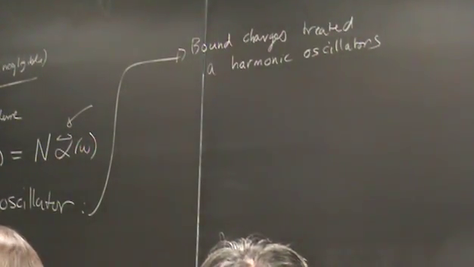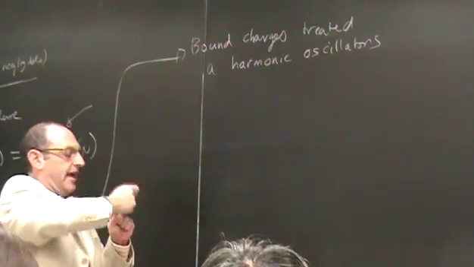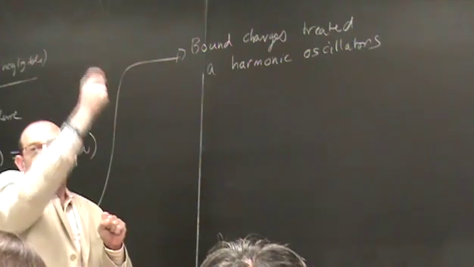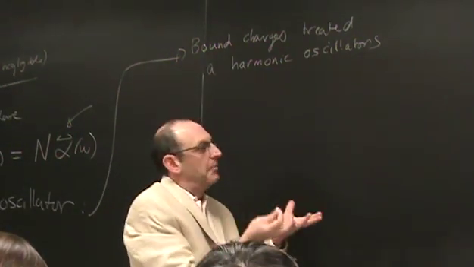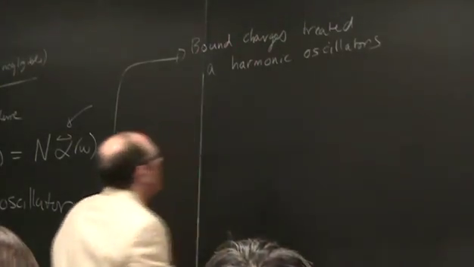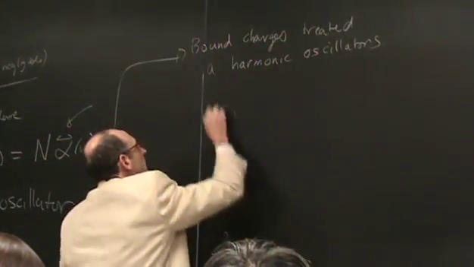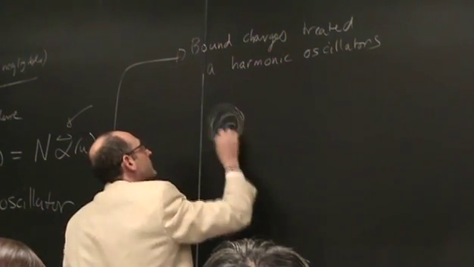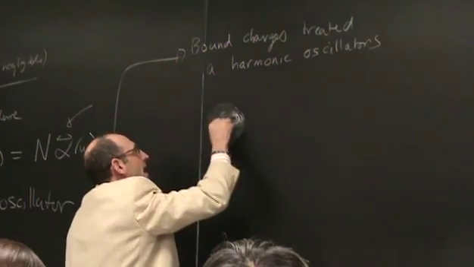Okay, so we're thinking about, say, electrons bound to the nuclei in a molecule. Quantum mechanically we might have some atomic orbital, maybe an s orbital, maybe a p orbital, it doesn't really matter.